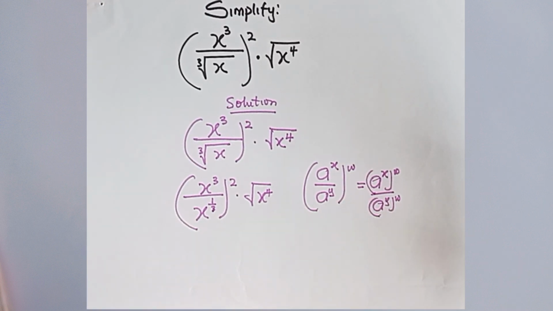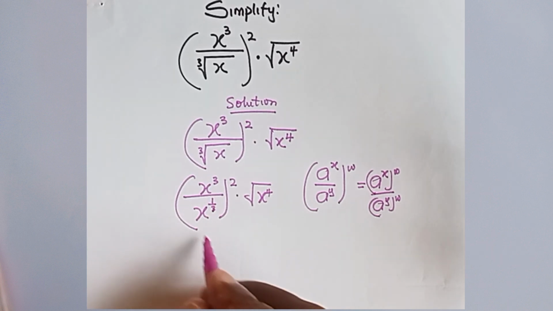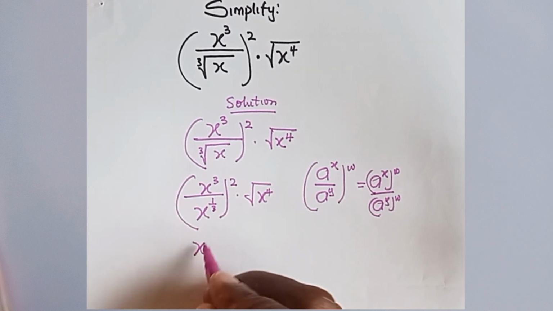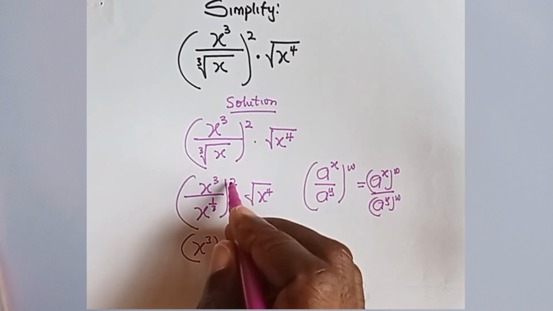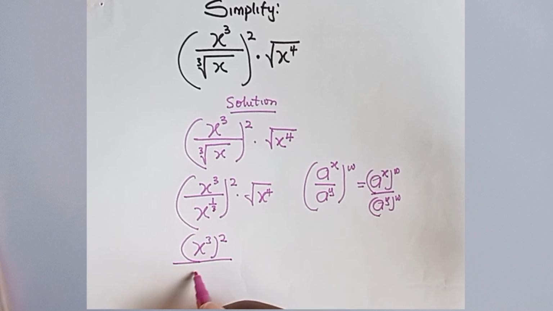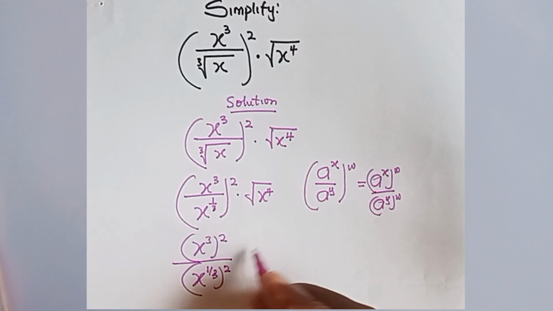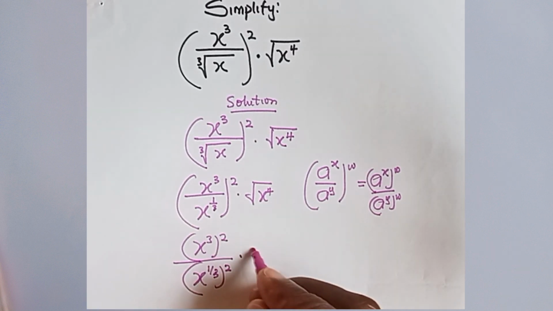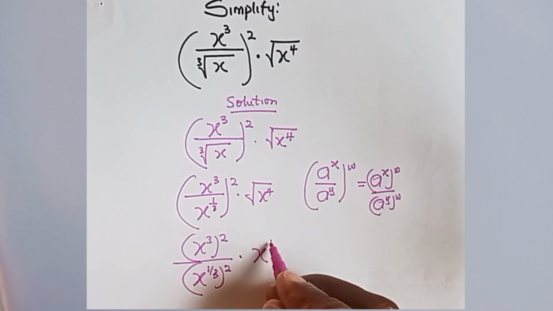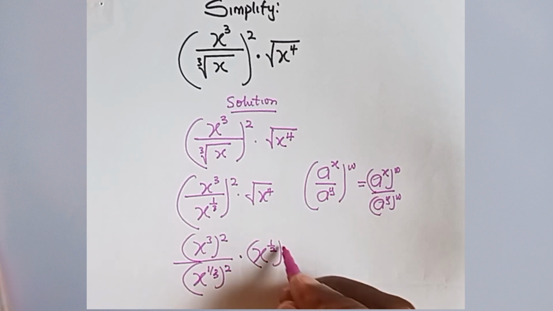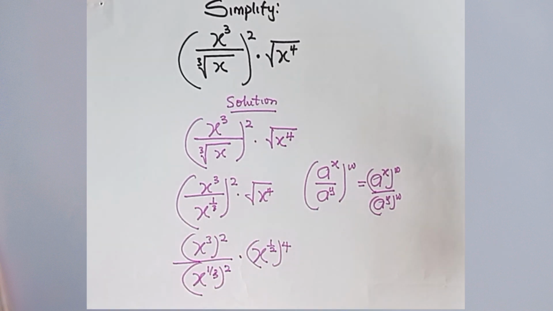Okay, this can be applied. So what it means is that we have x raised to the power 3 raised to the power 2, and also in the denominator, x raised to the power 2. Right, and then this can also be written as x raised to the power 1 over 2, and then we have this power 4.